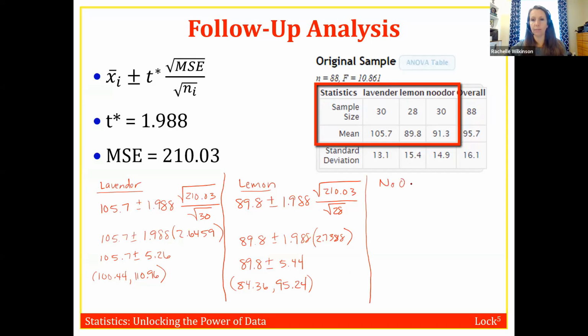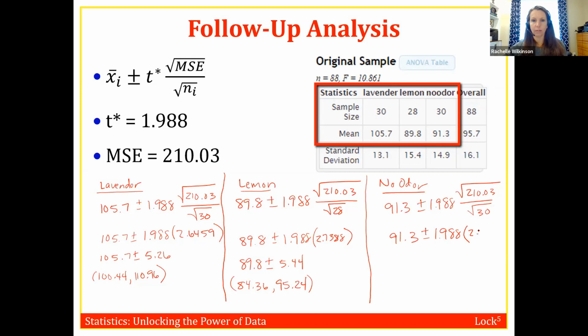And finally, I'm at no odor. I'm going to do the same thing. So for no odor, the mean was 91.3 plus and minus 1.988 times the square root of 210.03 divided by the square root of 30. So I do that calculation.